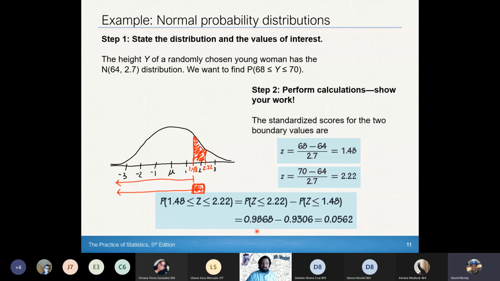When we look these up on table A, we get 0.9868 minus 0.9306, and we get a probability of 0.0562. So the probability of randomly choosing a young woman whose height is between 68 and 70 inches is about 5.6%.